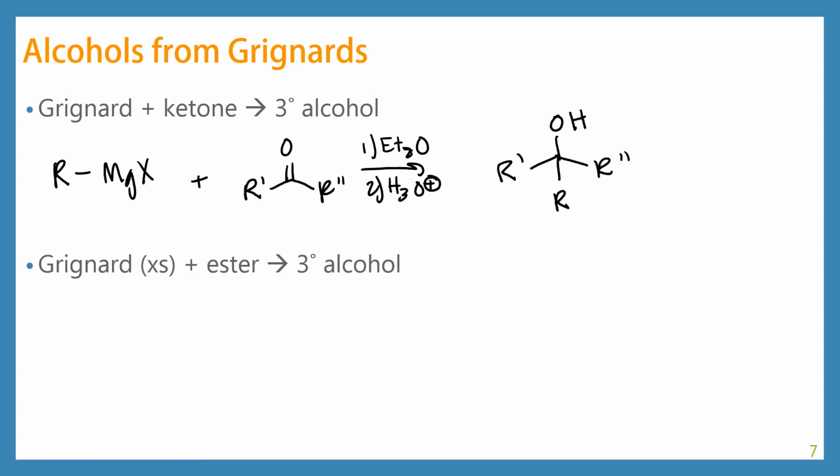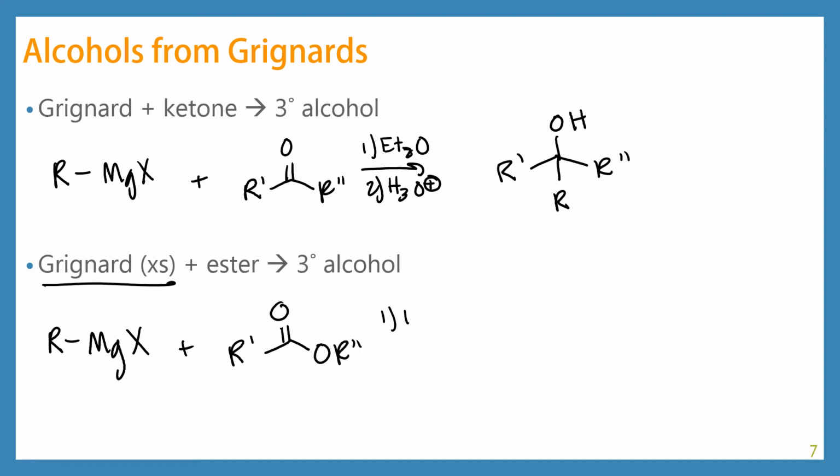And then lastly, with our ester, we have to have an excess of the Grignard, we also end up with a tertiary alcohol.